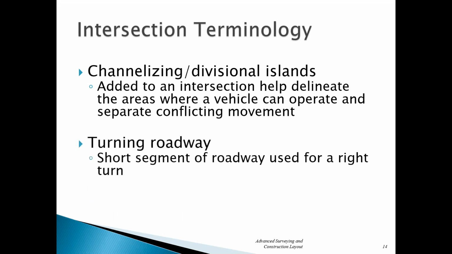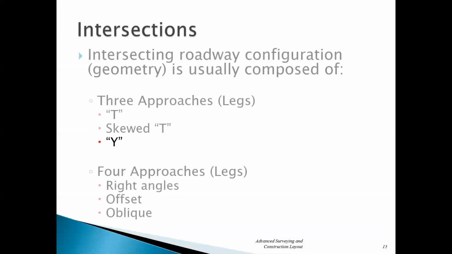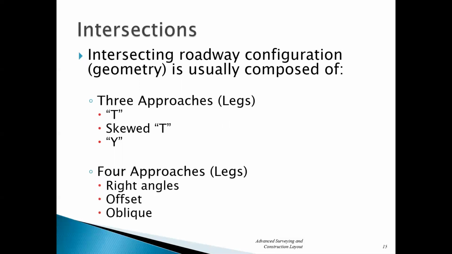Okay, turning roadways. A lot of this stuff we're not going to deal with, but these are just some things that you see in there. So your intersecting roadway configuration, the geometry, and what we're talking about there would be the horizontal geometry. It's usually composed of several different approaches.